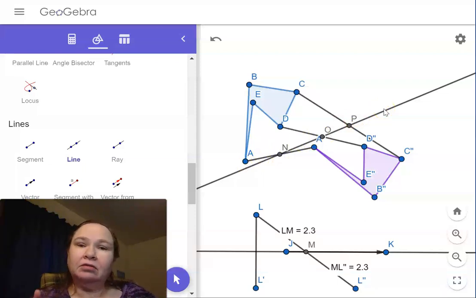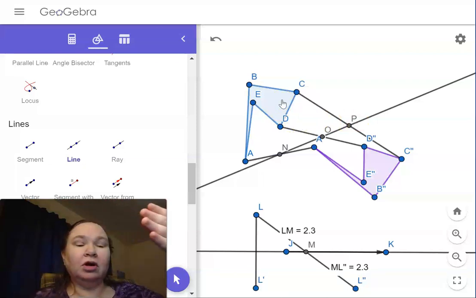Let's find the vector. To find the vector, I'm going to think about how the first step of a glide reflection could be the glide, or it could be the reflection.